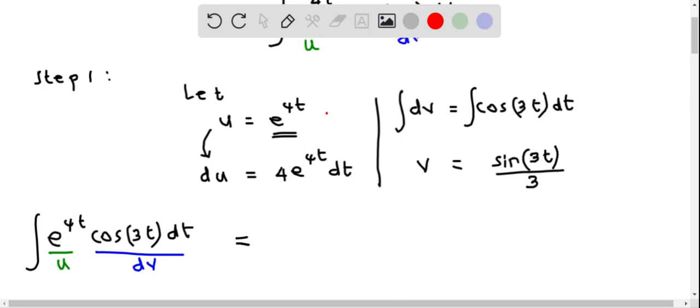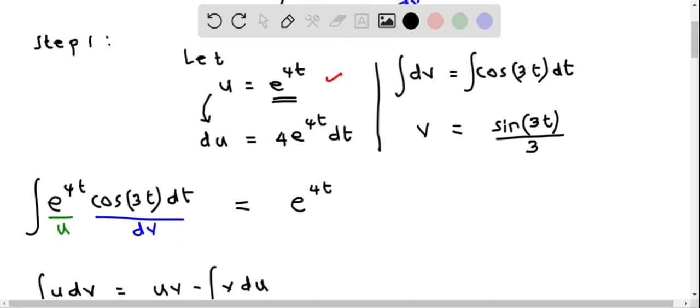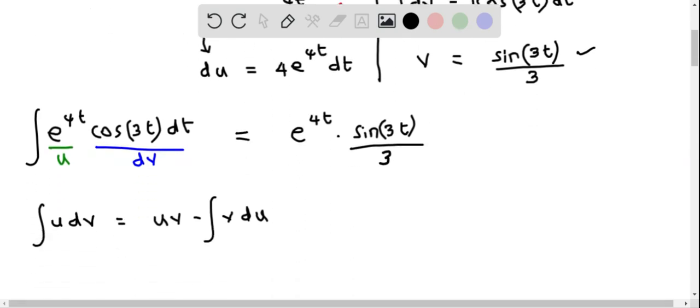We have this u here, which is e raised to the power of 4t. So it is e raised to the power of 4t, and then times v, which is over here. That is, we multiply this by sine of 3t over 3, and then we have minus in the formula. So I put this negative, then integral of v du.